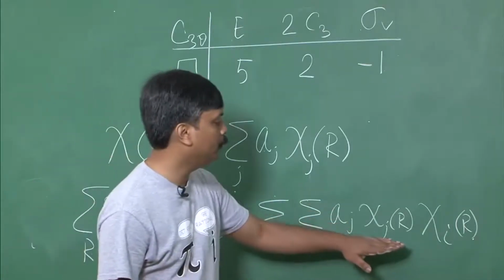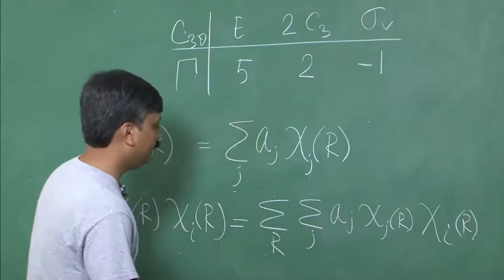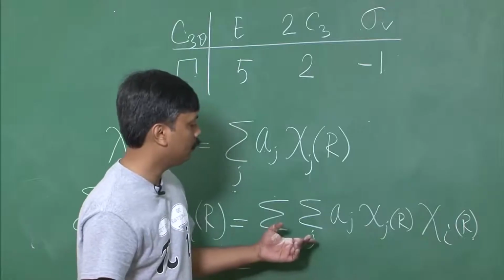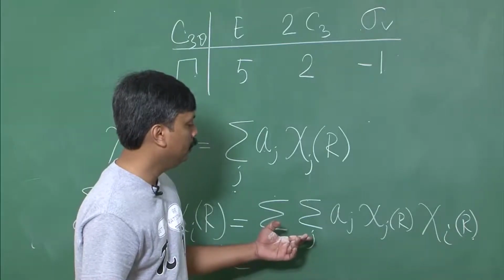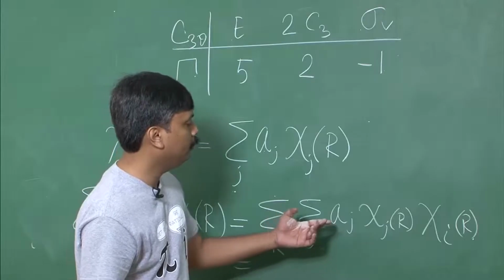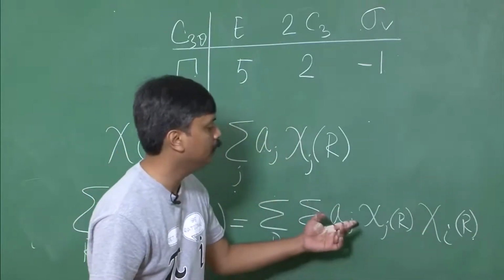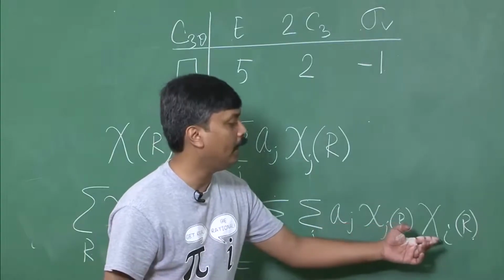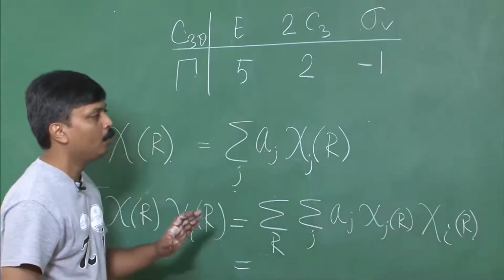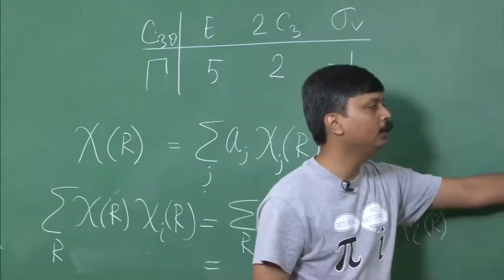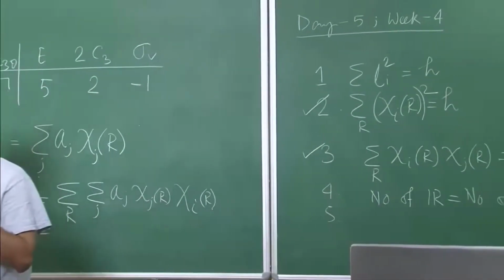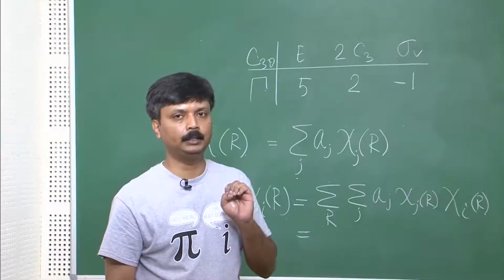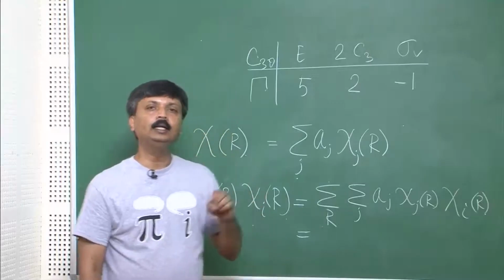So what we can see here, suppose I rewrite this one. If I look at this particular part, which is the multiplication of chi j and chi i, now from relation 3, what we know is that if they are different irreducible representations, then they will yield 0.